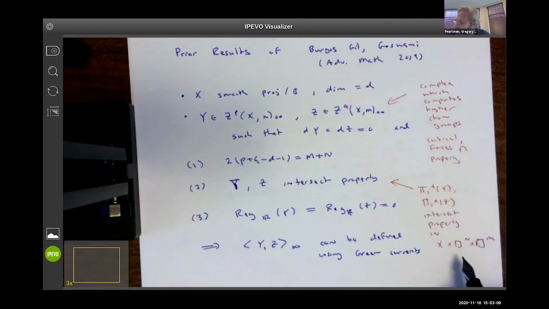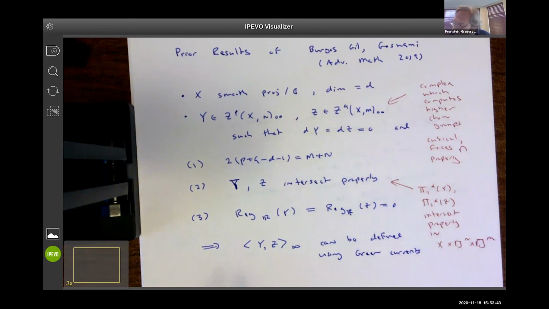So this Bloch complex involves X cross box N cross box M. So you have projections onto box N and box M, and you have to pull these things back. So this properly intersecting means properly intersecting in here. If you know what that means, I'm probably not telling you too much. Otherwise, this is just a hint at what it means.